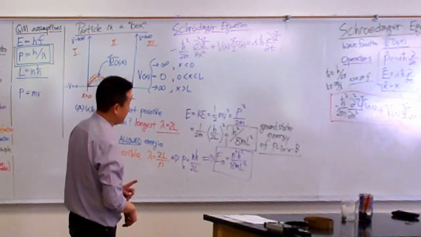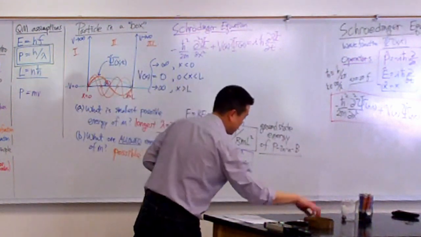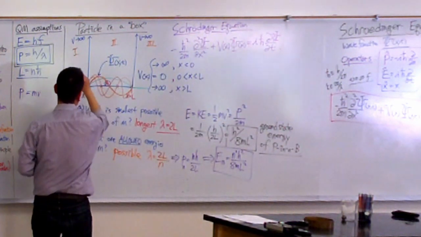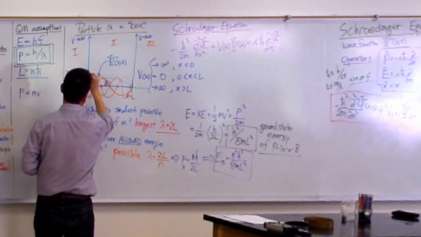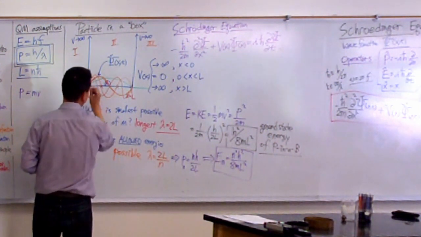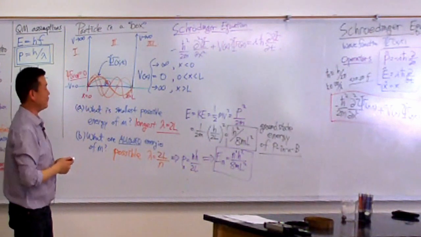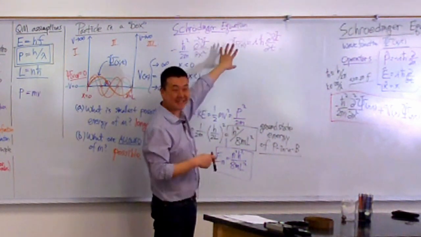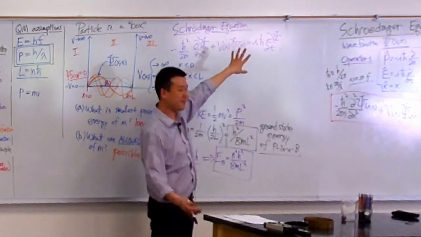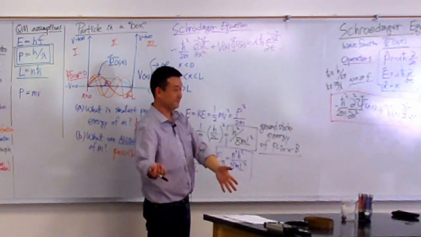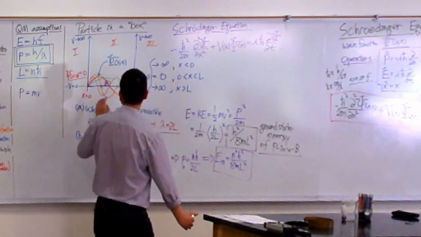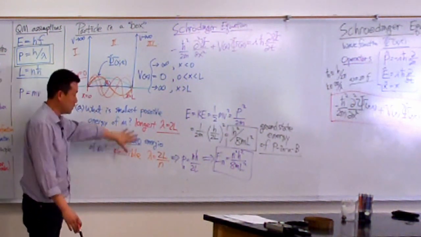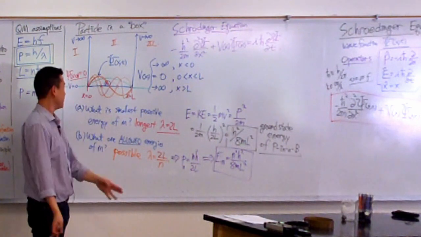So this is actually the justification for saying that psi at x less than 0 is absolutely equal to 0. Because if I have something that's approaching infinity and something that's 0, I can say that's 0. 0 times whatever is arbitrarily large is still 0. Before, when we were going through this intuitively, we just said it should be 0 here.